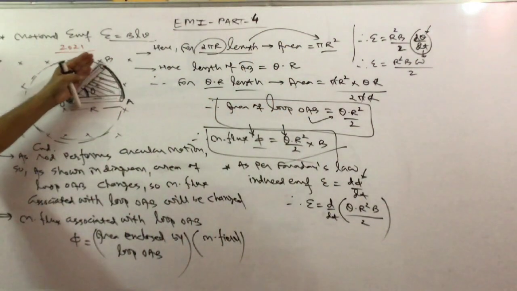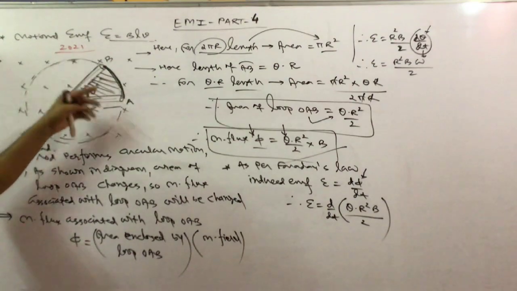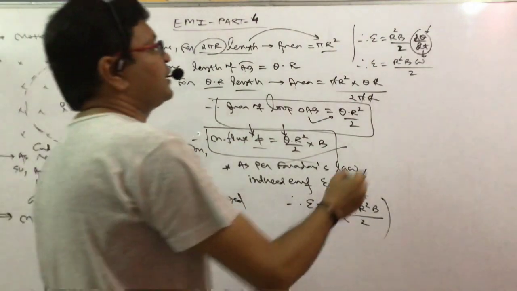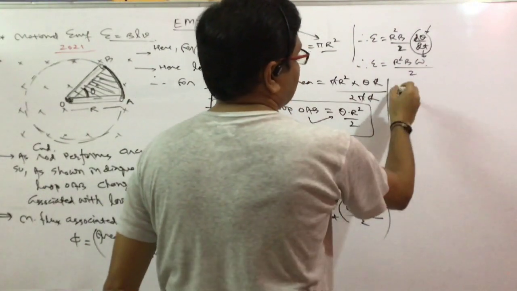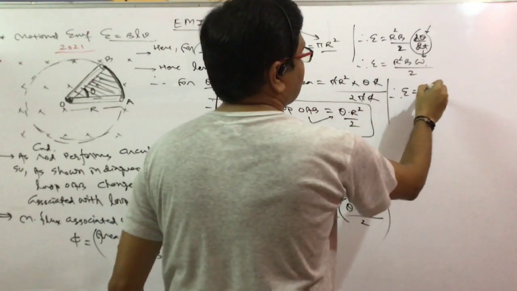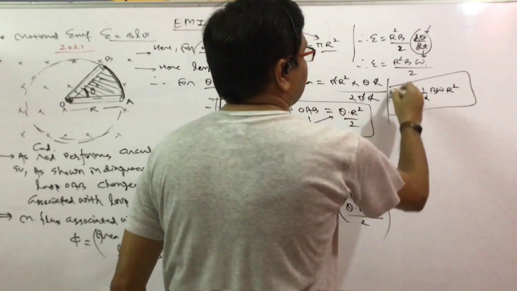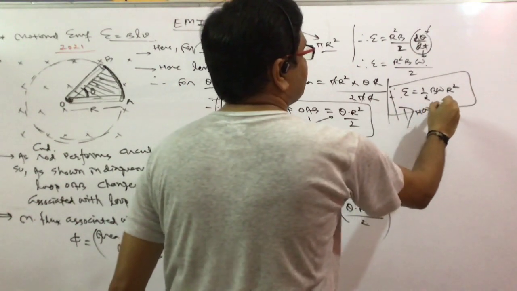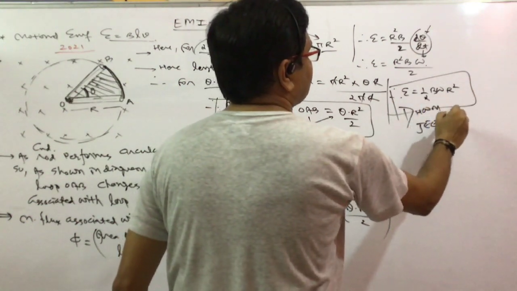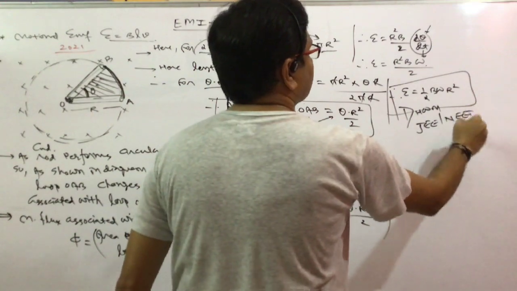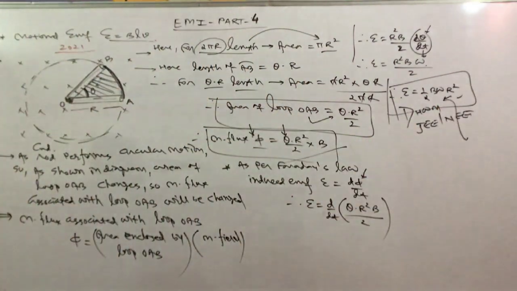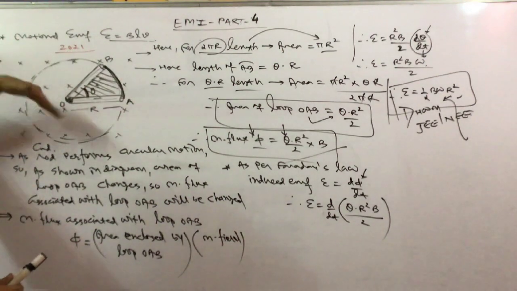What is the angular speed of this rod? It is omega, which I have already represented here. So the final answer is 1/2 b omega r square. This is the important equation, and a very important JEE NEET concept. You have to apply this concept directly whenever they ask this type of question or a situation associated with it.